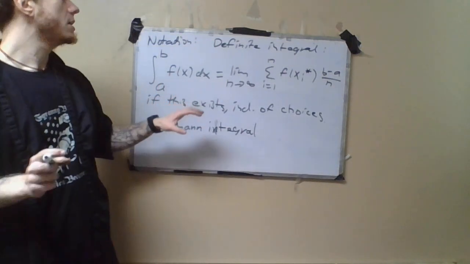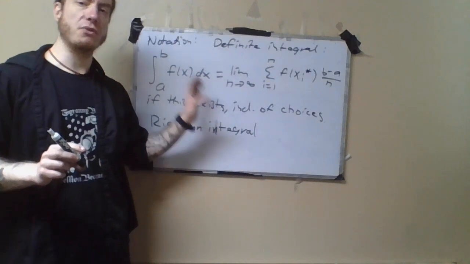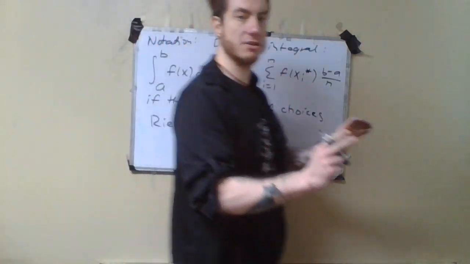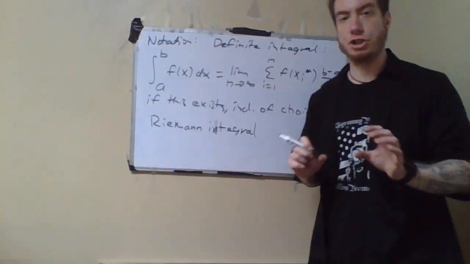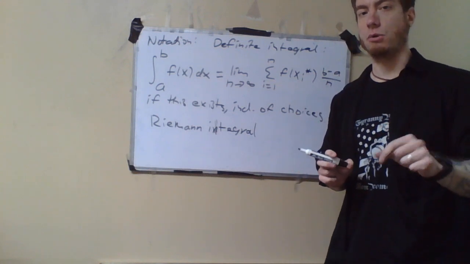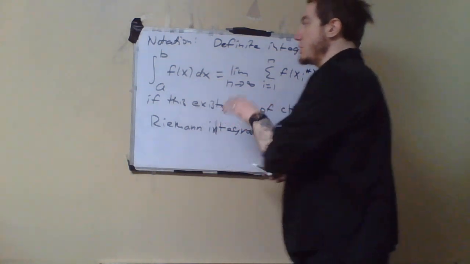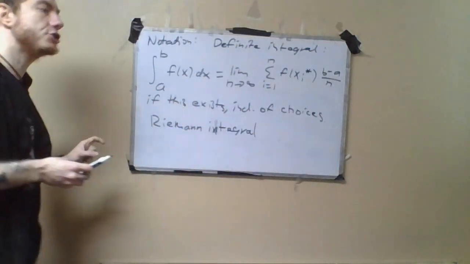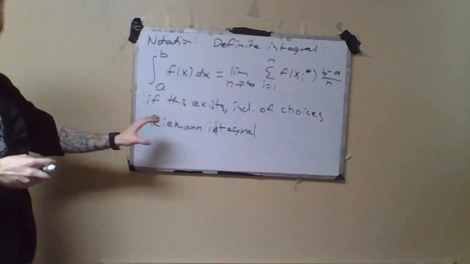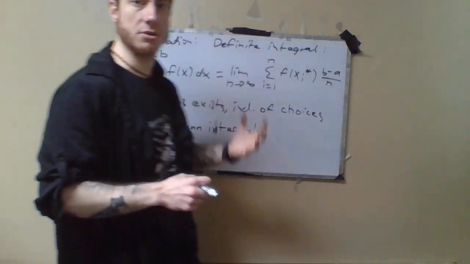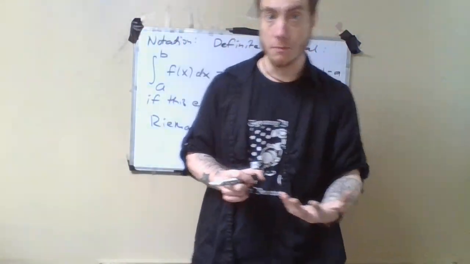Riemann was the first one to come up with a really rigorous definition of the integral that proves that the integral is well defined.